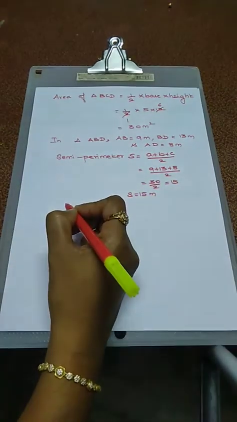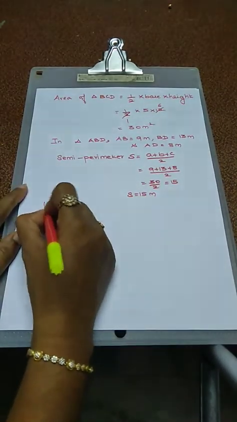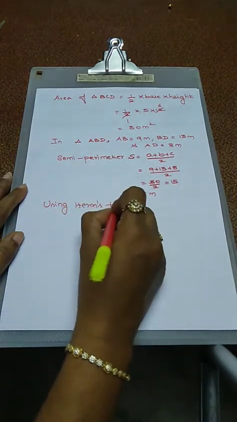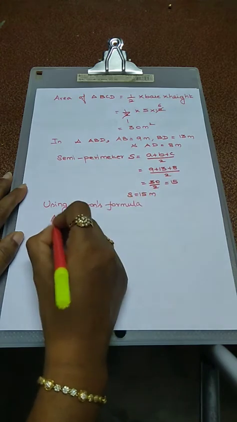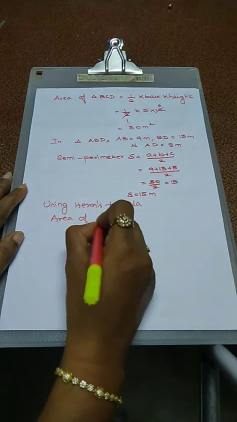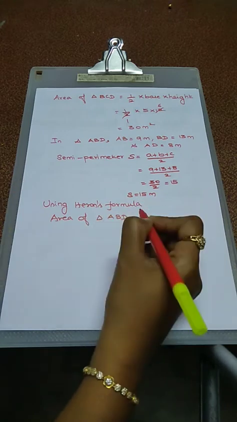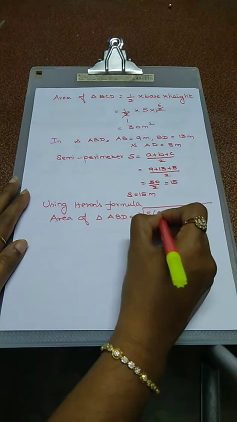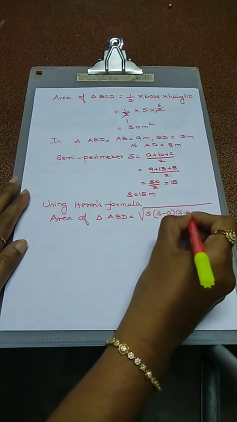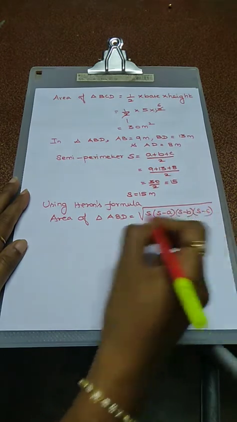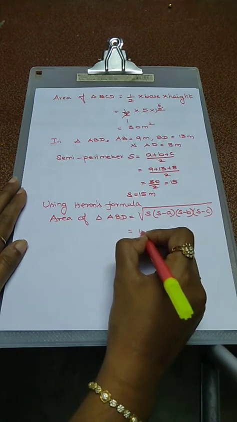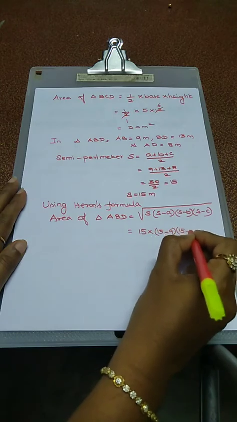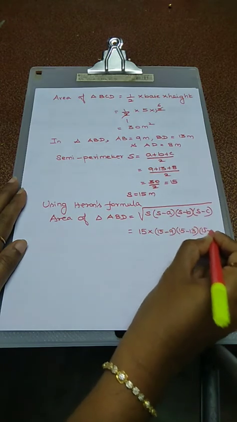Next we calculate the area of triangle ABD using Heron's formula. Area of triangle ABD is equal to the square root of S into S minus A into S minus B into S minus C. S is 15, so 15 into 15 minus 9 into 15 minus 13 into 15 minus 8.